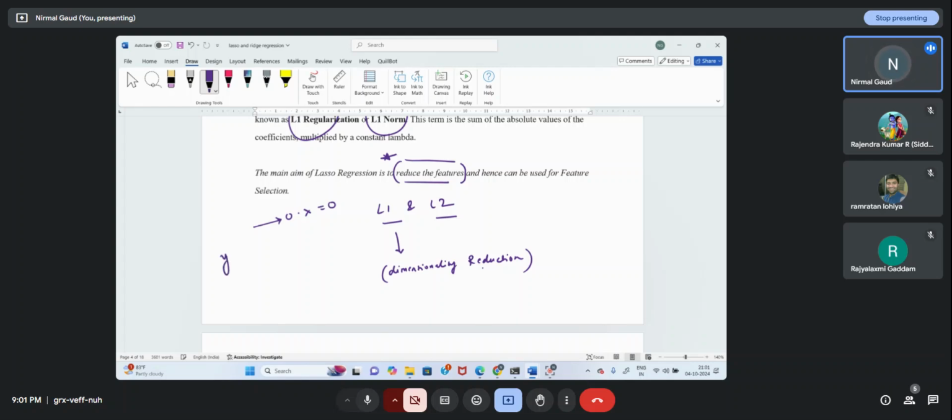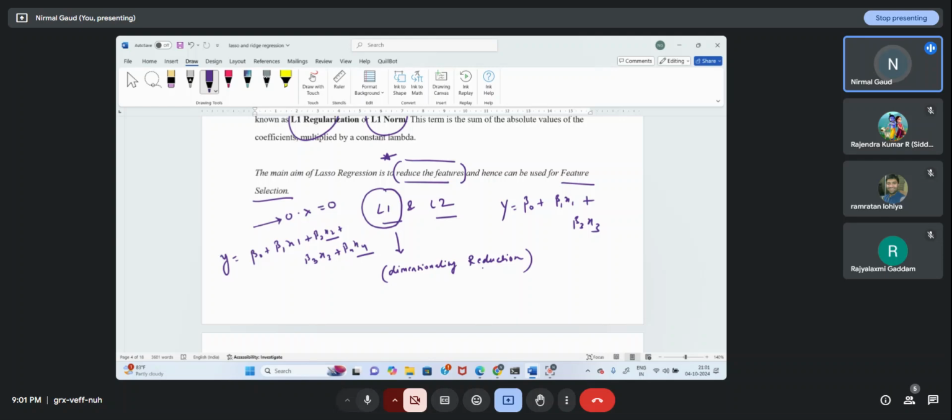For example, if you have y equal to beta naught plus beta 1 x1 plus beta 2 x2 plus beta 3 x3 plus beta 4 x4, and you apply L1 regularization, it may happen that x2 and x4 are dropped. Then you are left with only y equal to beta naught plus beta 1 x1 plus beta 3 x3. So L1 reduces the features. It is a dimensionality reduction technique. It is used for feature selection.